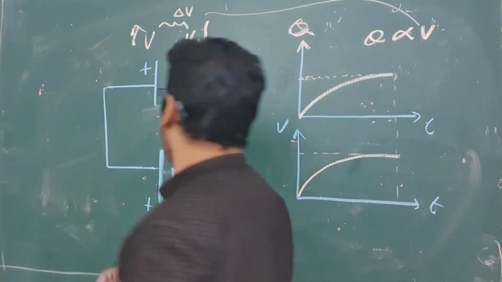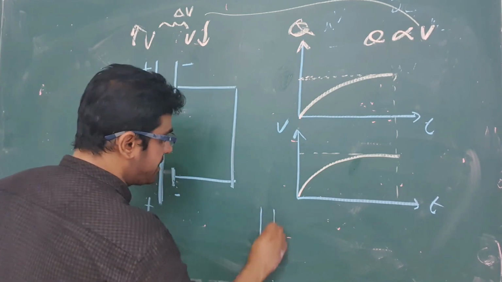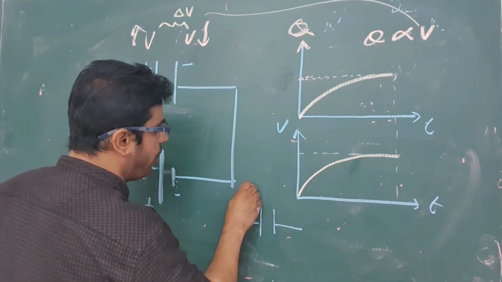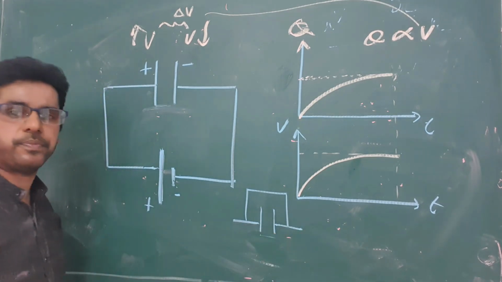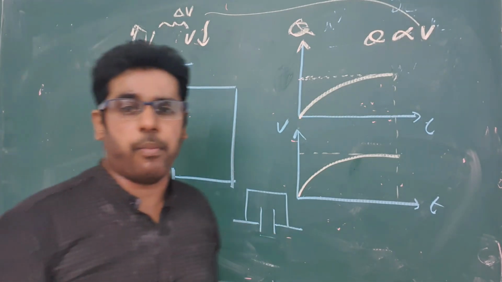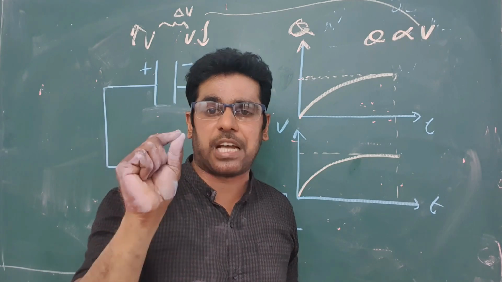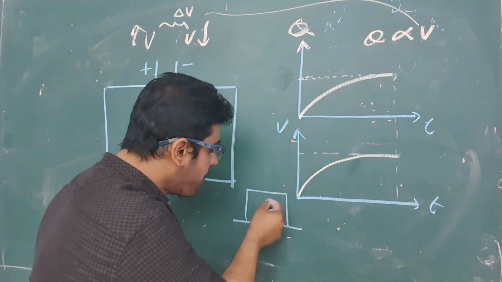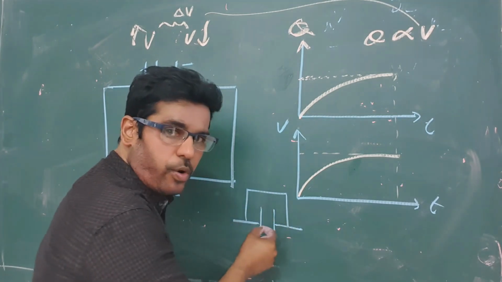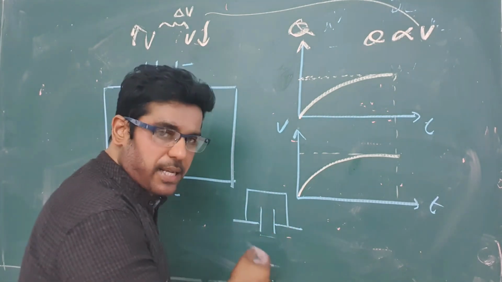I told you, when the capacitor is connected by a wire or closed switch, the charge becomes zero. That is a short circuit. But I am going to explain the discharge. At that time the charge becomes zero, so there is no capacitance.